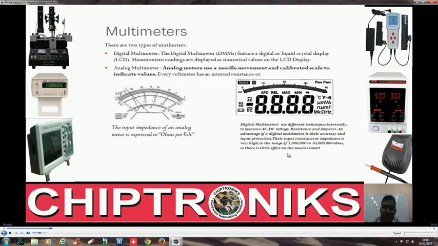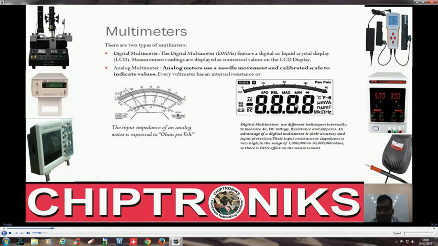And multimeter. See, a multimeter is the device to measure all the values of voltage, resistance, current, and to test the various electronic components present on a motherboard. So we have two types of multimeters: one is digital multimeter and another is analog multimeter.